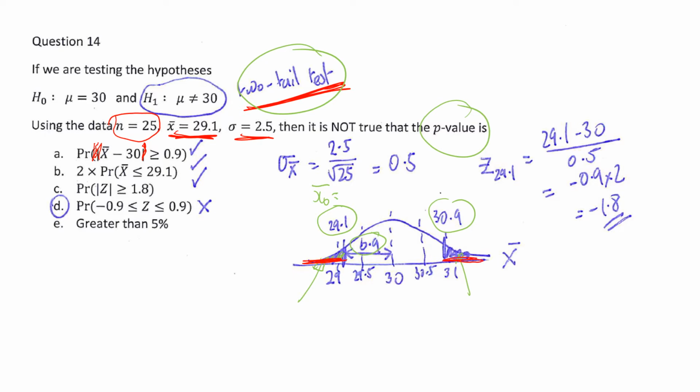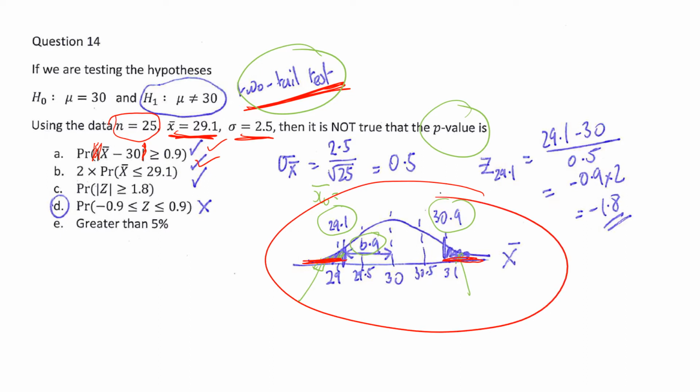So that's a perfectly reasonable way to describe the calculation of a p-value in this two-tailed test environment. Of course, so is the second one, because of the symmetry of the normal curve, the area below 29.1, we can just double it.